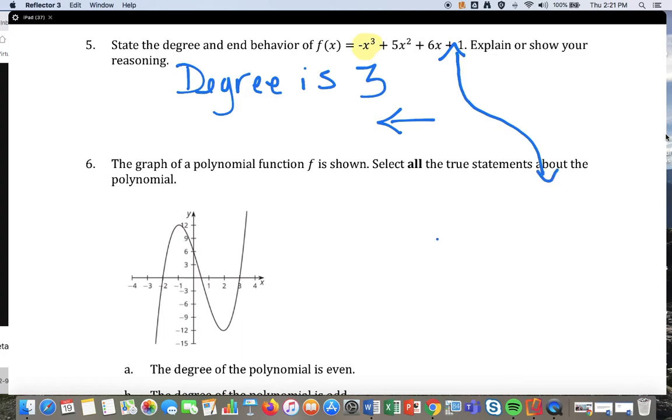And as x gets very large in the positive direction, I will get a positive when I cube it, but then that negative out in front will make it negative.